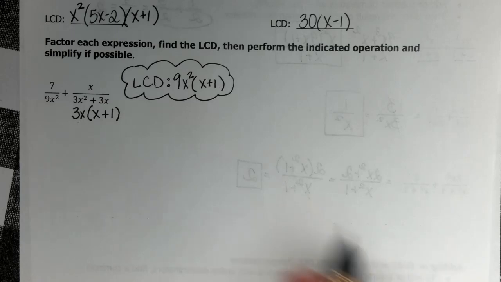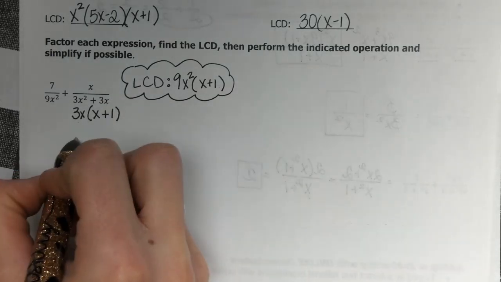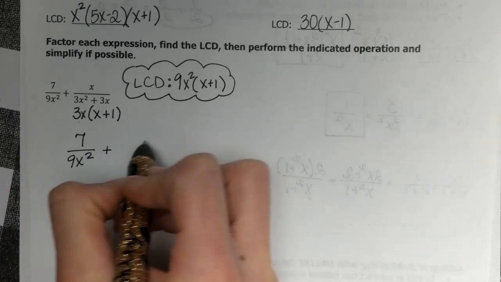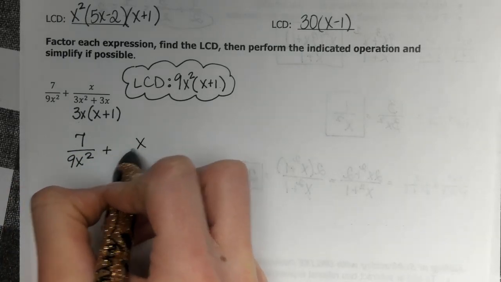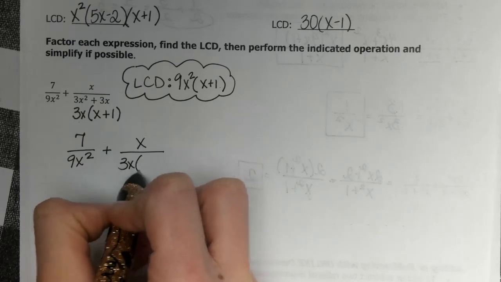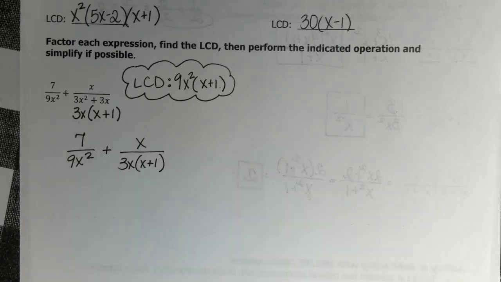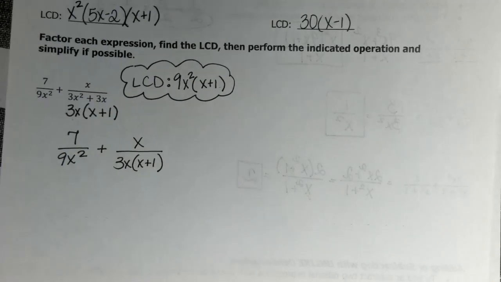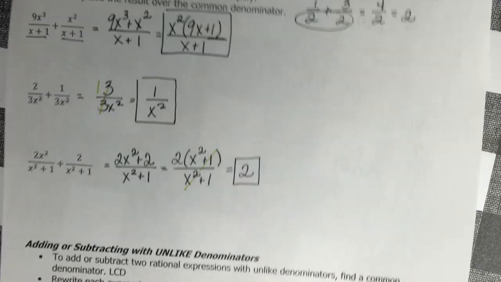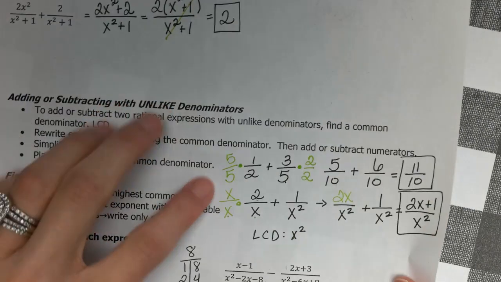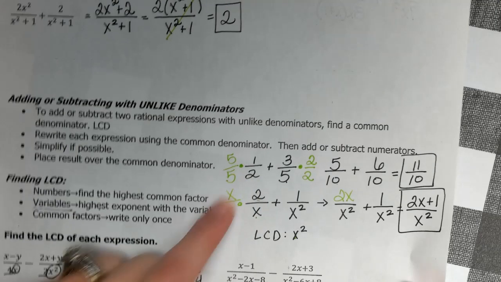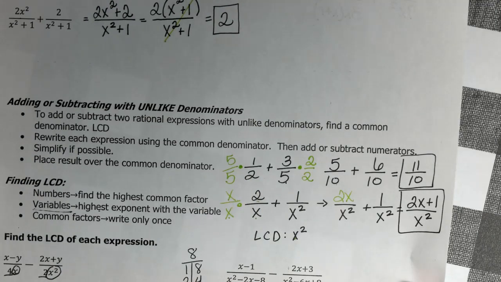So for the first few examples, I'm going to write this out again, but we're going to look at what we need to multiply by. When you're multiplying, think back to when we did our 1/2 and 3/5. When we did this, you took the 1/2 and you multiplied it by 5 because that's the factor you were missing to get to 10, right?